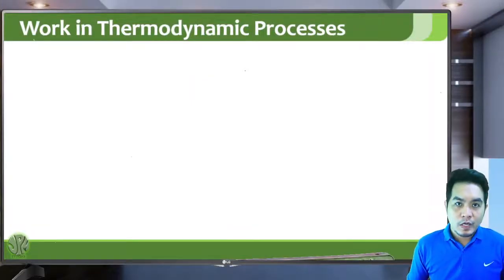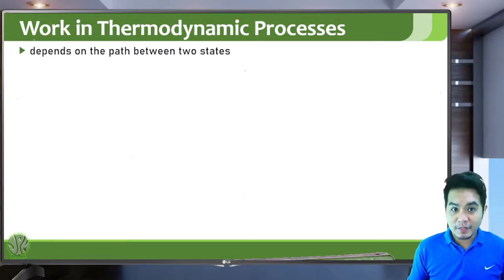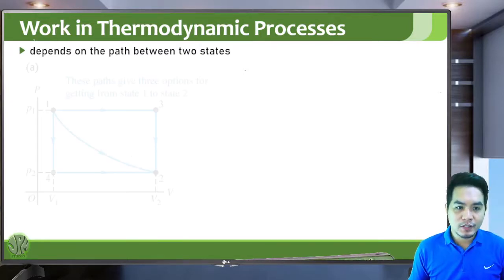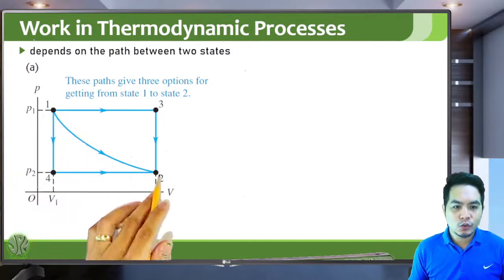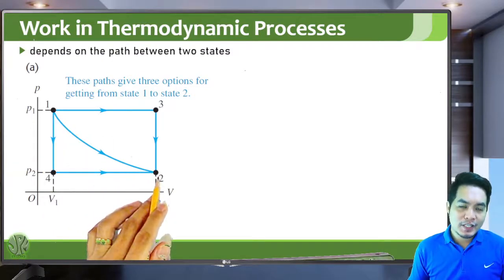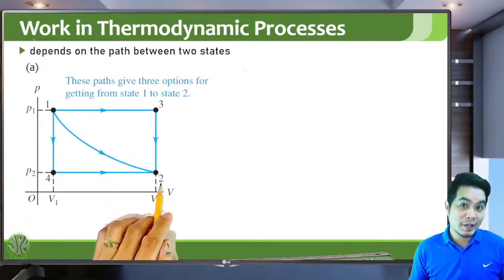So let's start with the work done by or on the thermodynamic system during a change in state, or during a thermodynamic process. The work actually depends on the path between these two states. So here we have states 1 to 2. And as you can see here, in going from state 1 to 2, there are 3 paths.